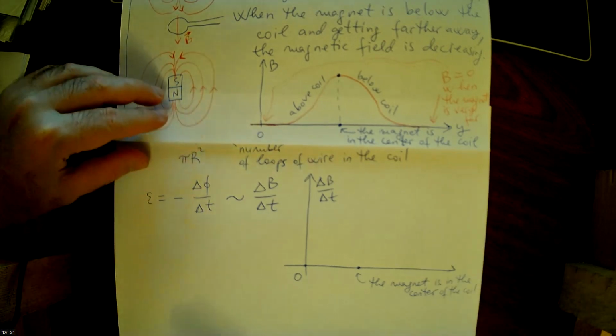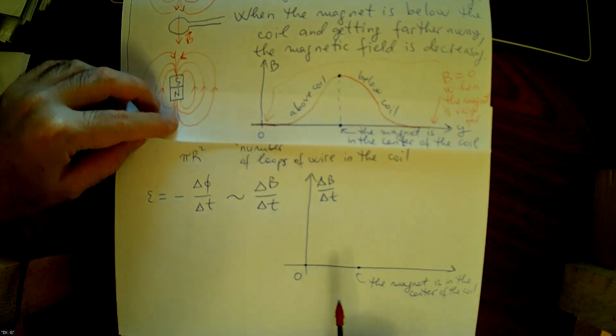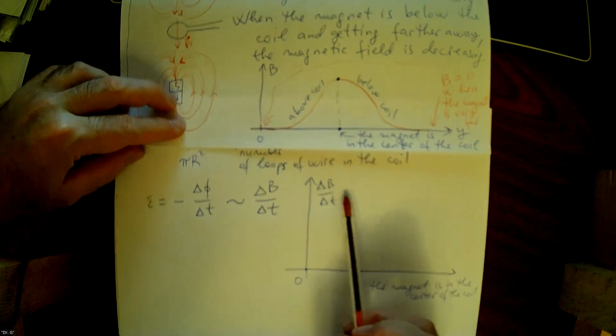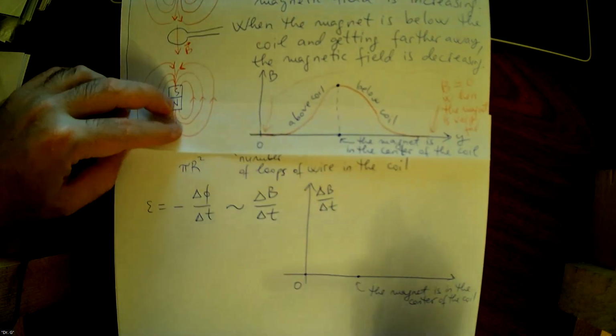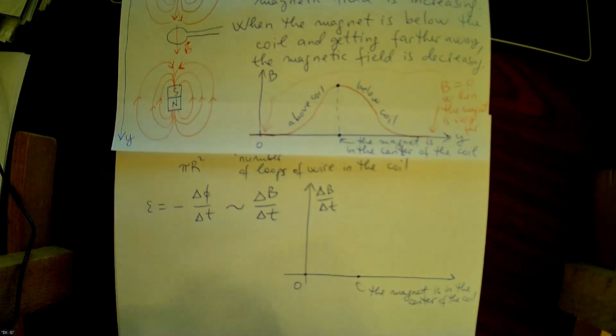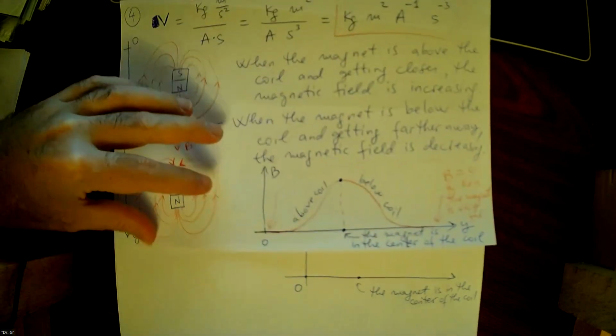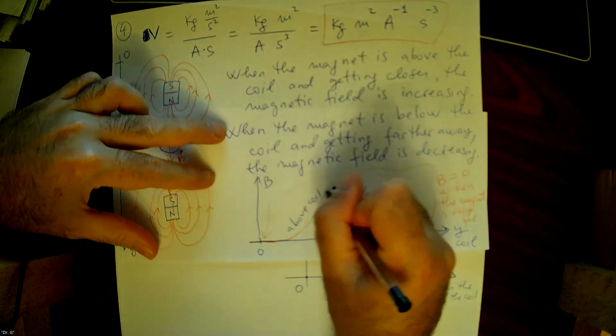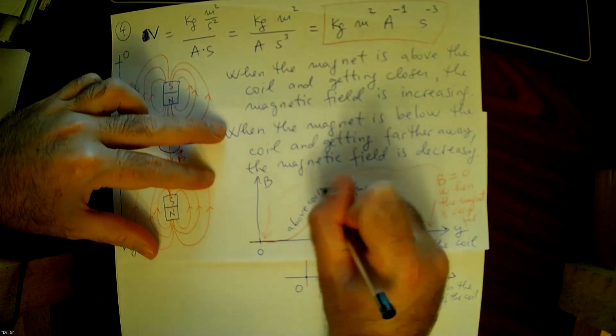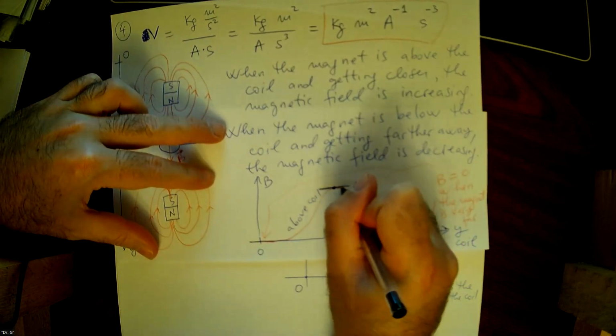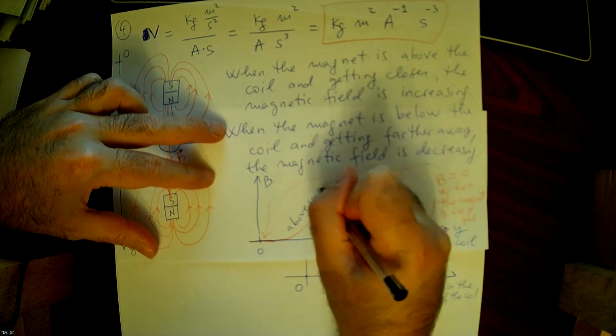Because the derivative delta B over delta T is the slope of the tangent line, yeah? And the tangent line right here at the maximum is a horizontal line, okay?